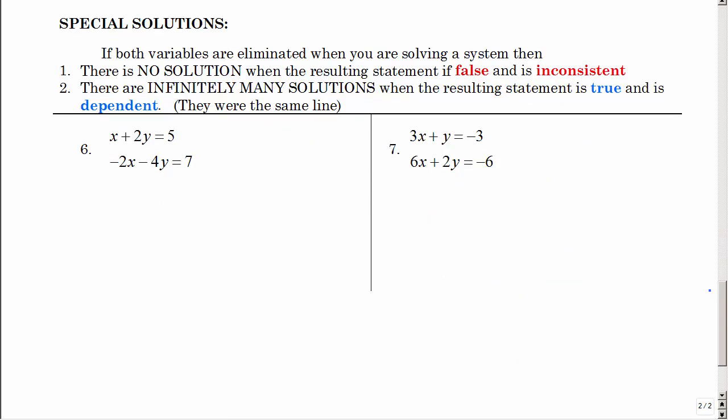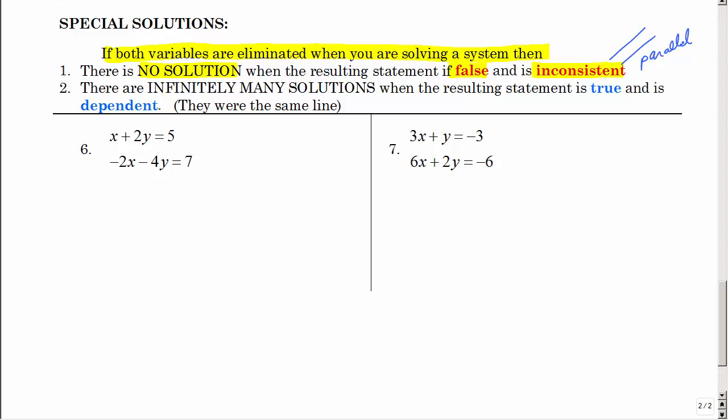Now we have some special solutions. If both variables are eliminated when you are solving a system, meaning your variables poof, go away like magic, there's no solution when the resulting statement is false and it's inconsistent. Remember that? What does that mean? It means that they were parallel lines.